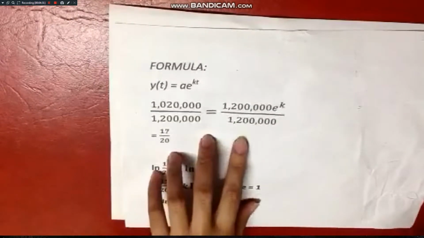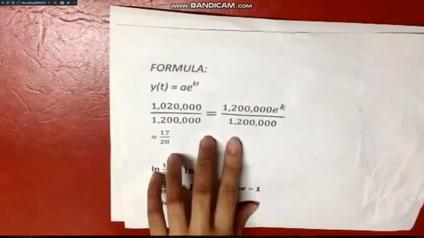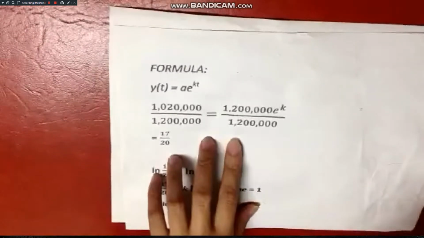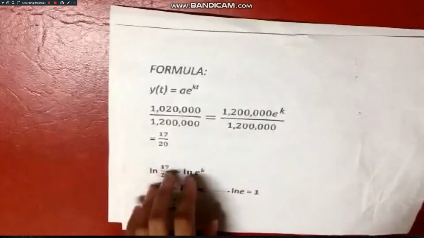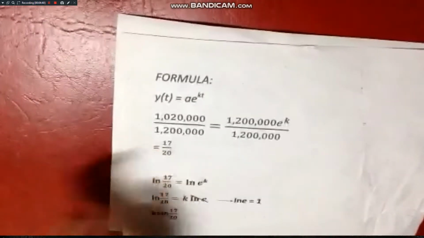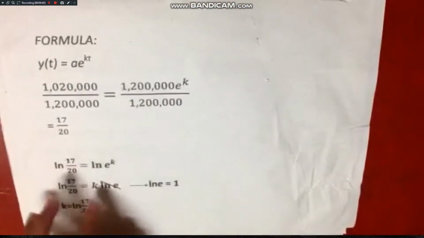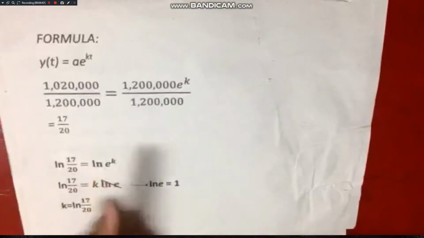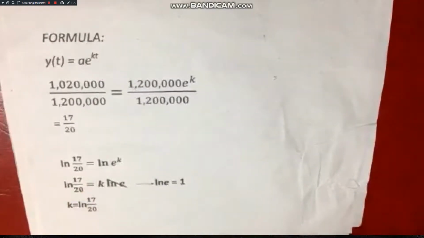We divide the whole equation by 1,200,000. So we have 17 over 20 is equal to e raised to the power of k.